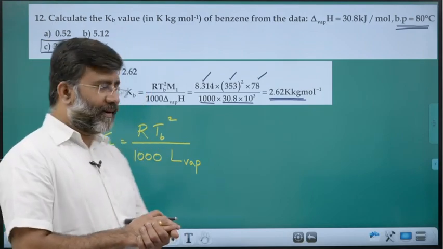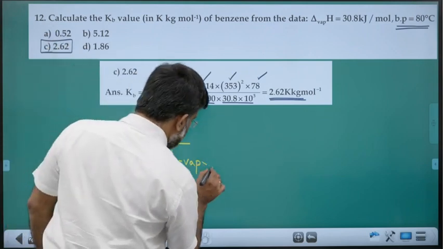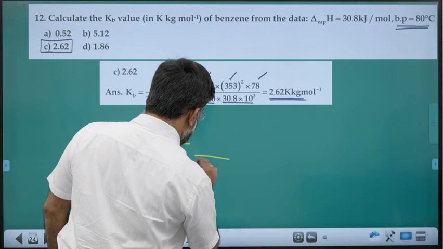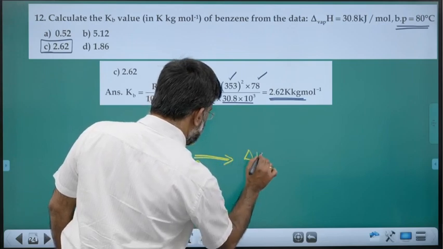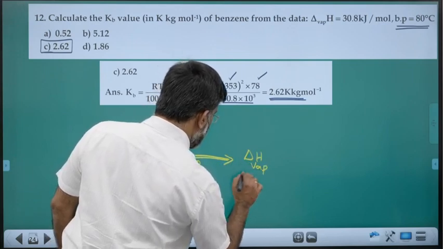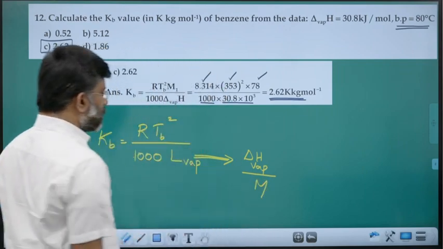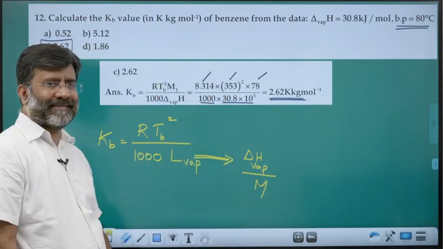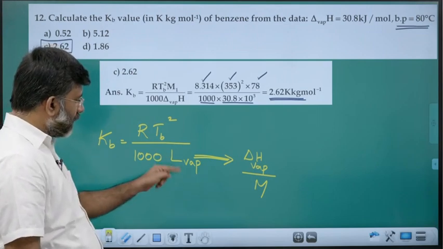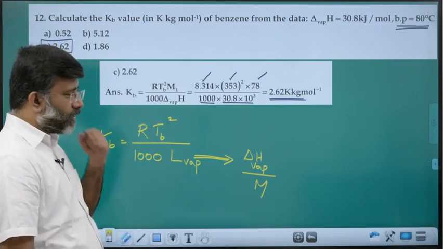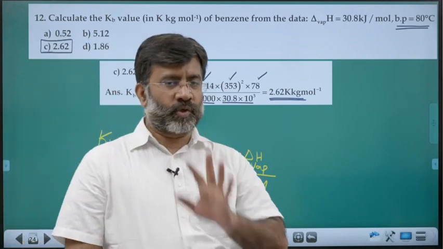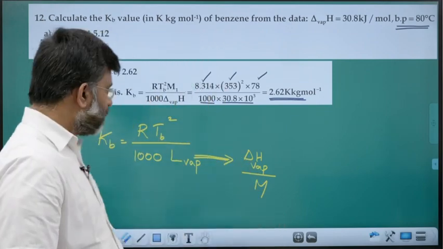What is latent heat of vaporization? Latent heat of vaporization will be equal to delta H vaporization divided by molar mass. And from this equation you are actually getting this. So when you substitute delta H, the molar mass will go to the top. That's all. So keep that equation also in mind. Next one.